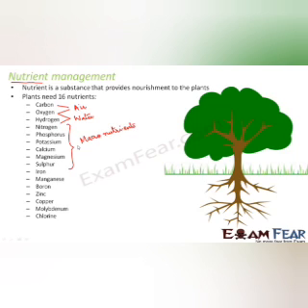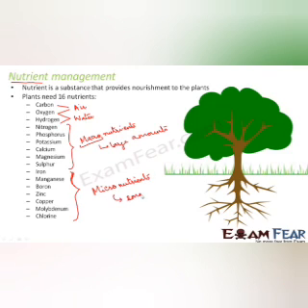Macro means big, because these nutrients are needed in large amounts. The other nutrients like iron, manganese, boron, zinc, copper, molybdenum, and chlorine are known as micronutrients because plants need these nutrients in small amounts.